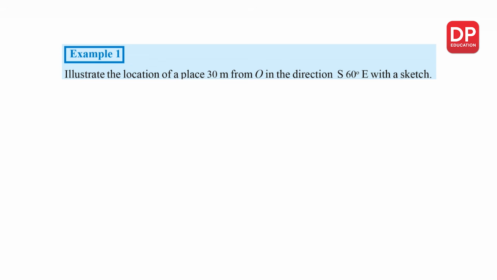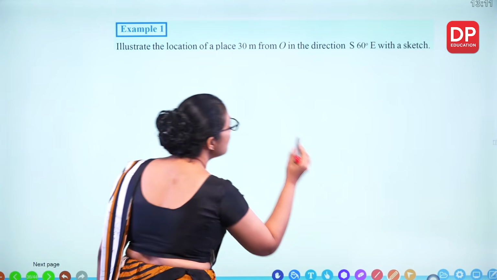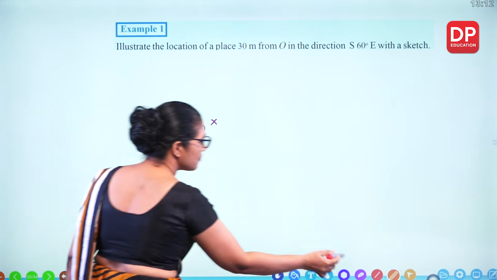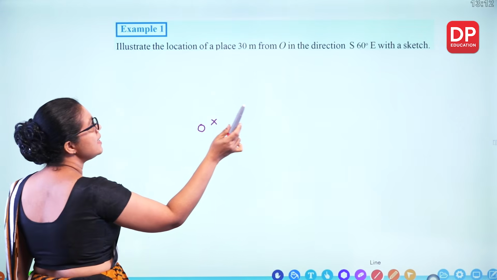Example 1. Illustrate the location of a place 30 meters from O in the direction S 60 degrees east with a sketch. So we'll first mark the point O, and this is south and east.